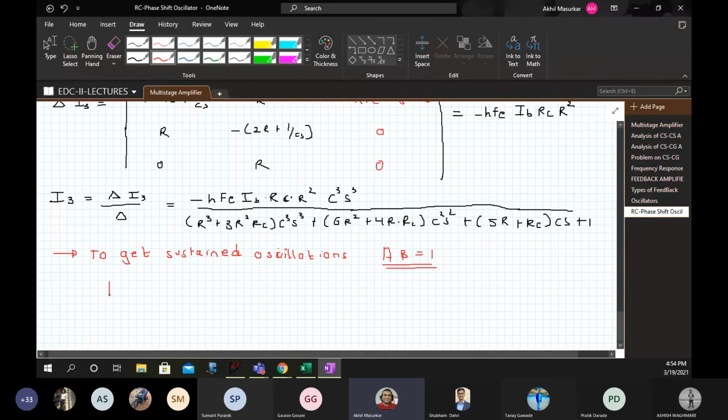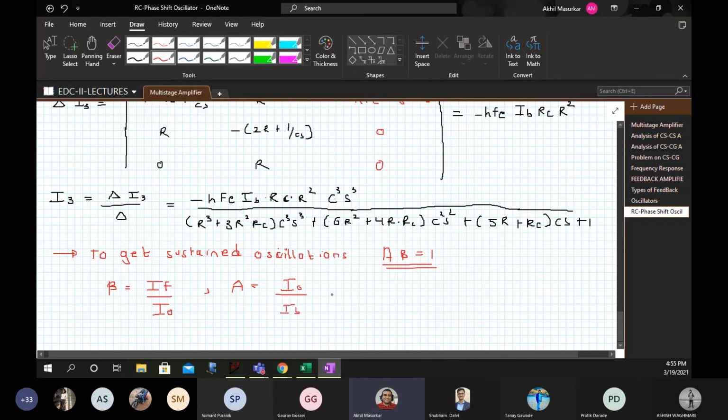So beta is equal to IF upon I naught, that is the feedback current, and A is equal to I naught upon IB, that is output current upon input current.